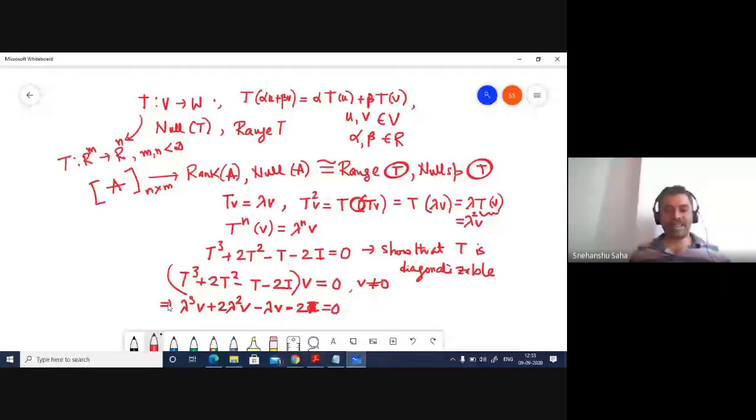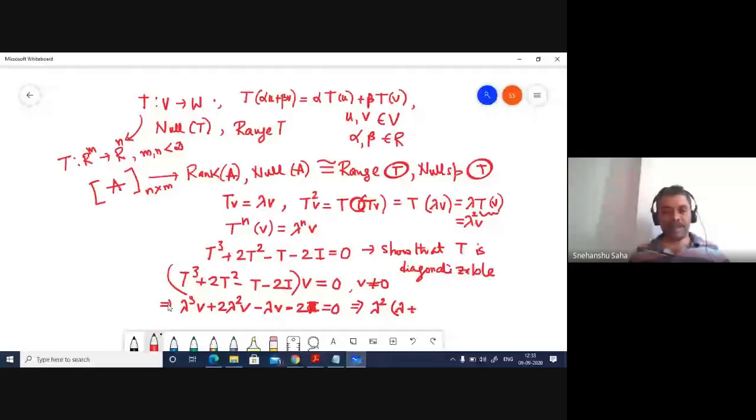Now, from this, we can easily factorize. You see that we take lambda square, and this will be lambda plus 2 times v, minus, also there is a v here, I missed a v, sorry. So there is another v, and then there is this lambda plus this.